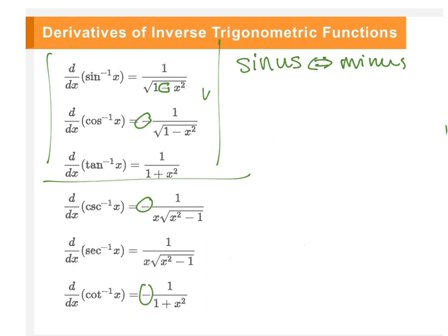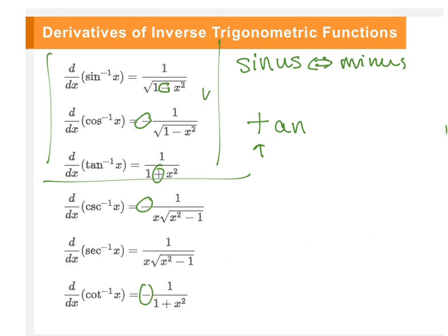The last thing I'm going to tell you is tangent has a plus sign in it right there. Plus. Tangent has a plus sign in there. So in my idea, I remember that tangent's got 1 plus. And also you lost the square root.